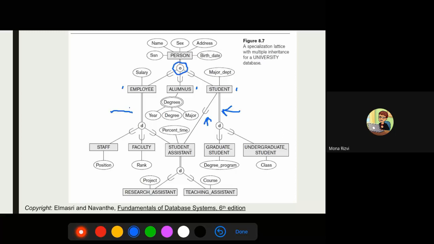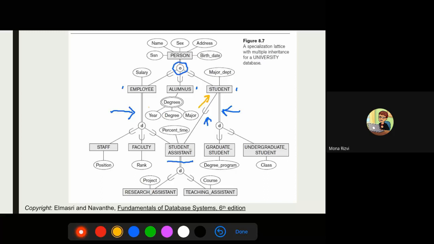That's like teaching assistants and research assistants. And what's interesting about this student assistant, you can notice something, that it has multiple inheritance. It's like a TA is both a student and an employee.